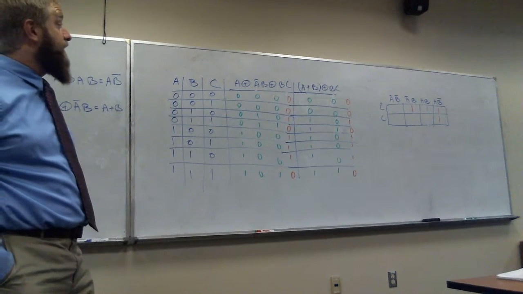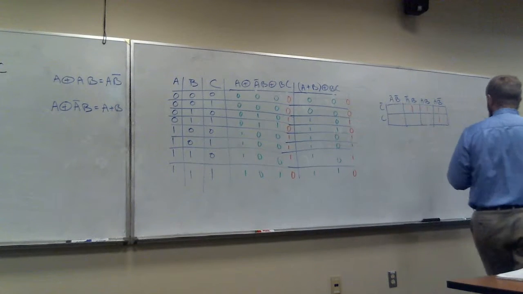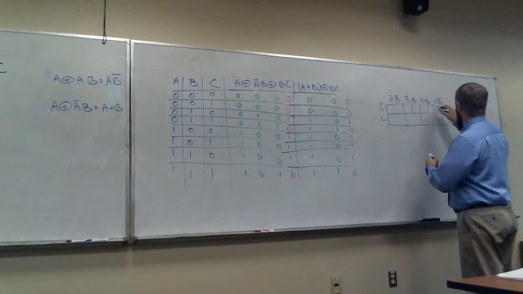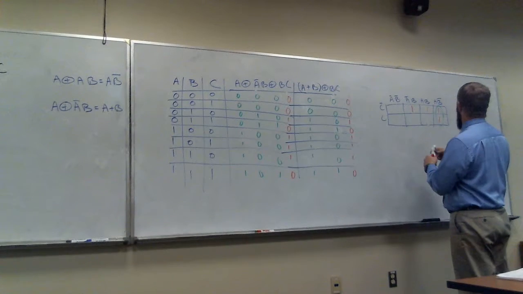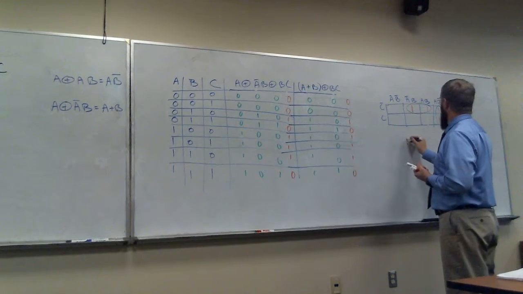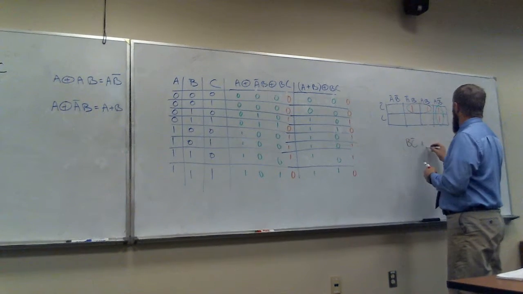And then what is the best way to read that Karnaugh map? Group them up. Groups of twos. How many? 2 groups of 2. So we got B C not and A B not.